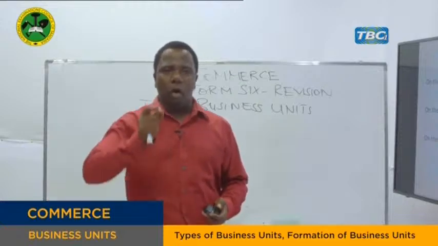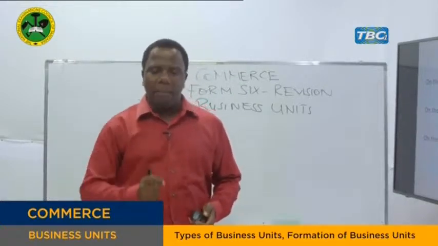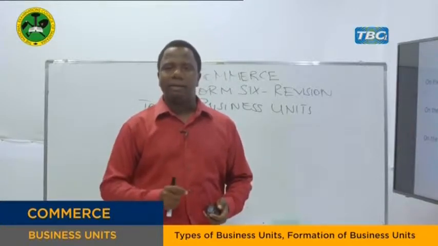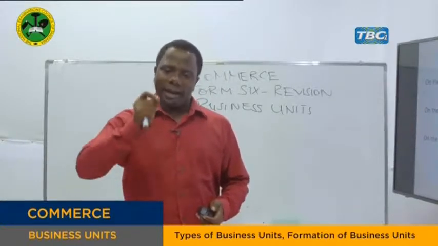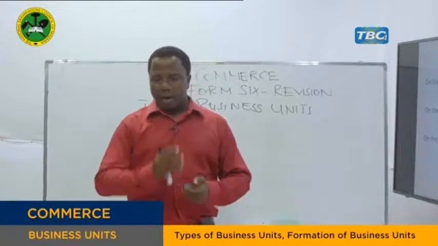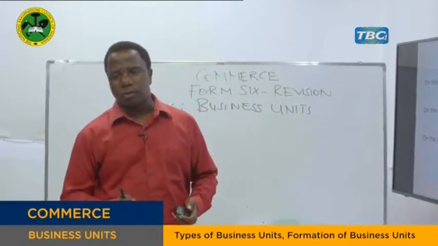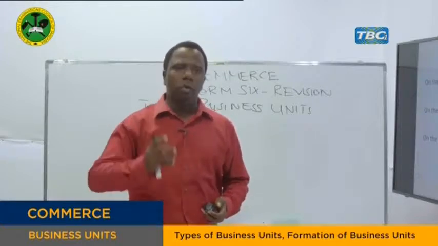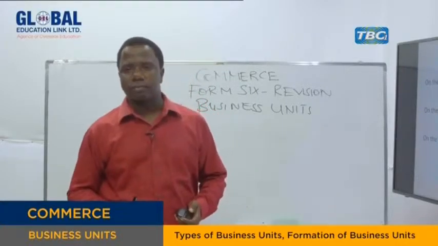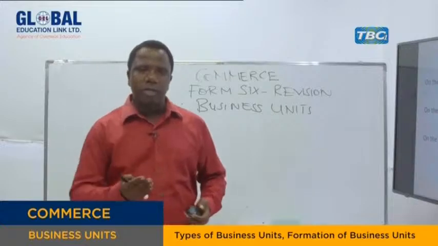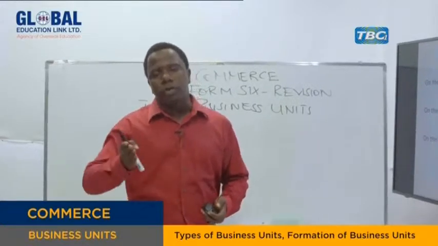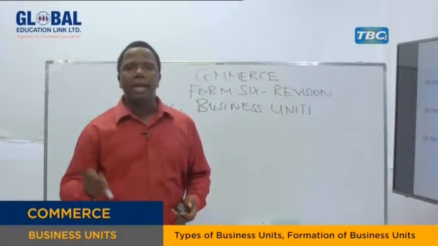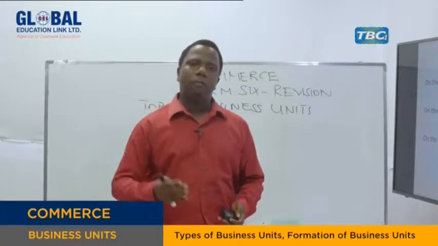A company can own property, a company can be in debt, a company can sue, and a company can be sued. So a company stands as a legal person, but with the aim of producing goods and services with the aim of getting profit.